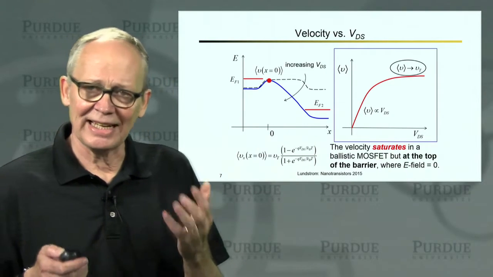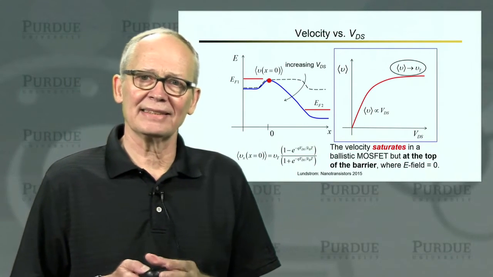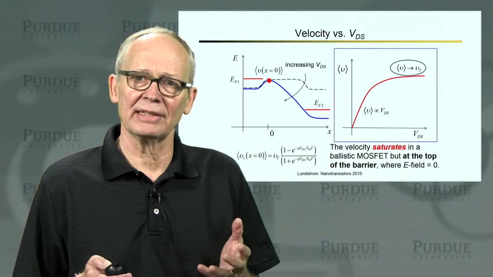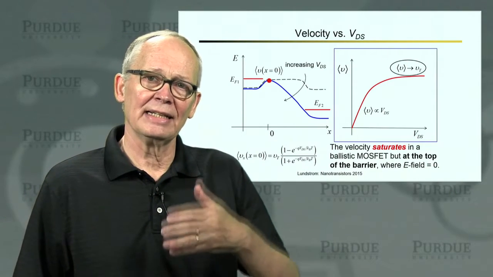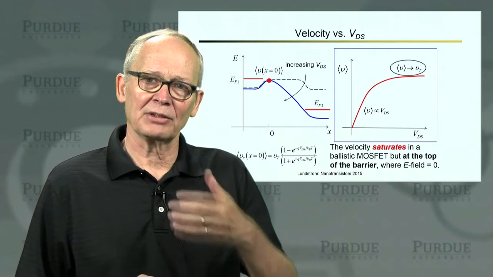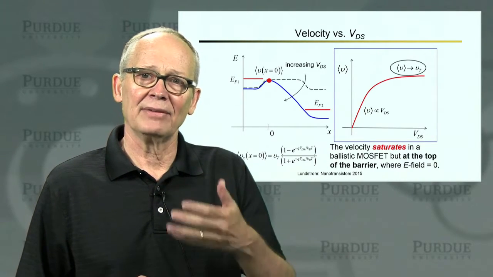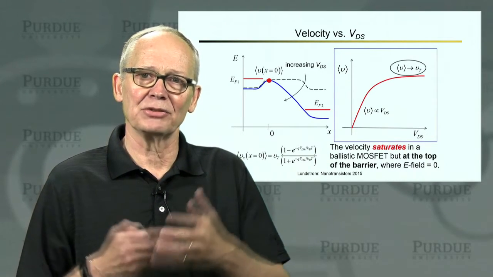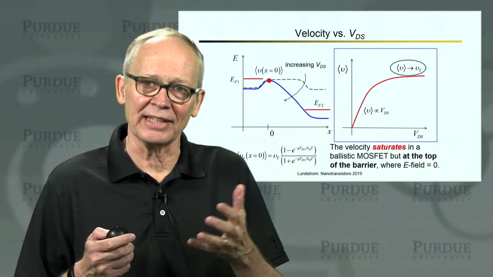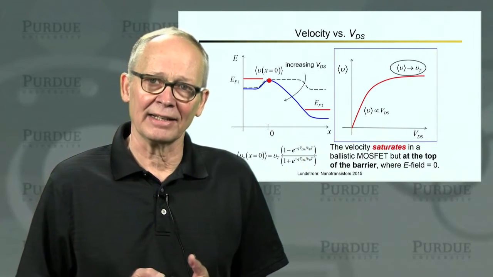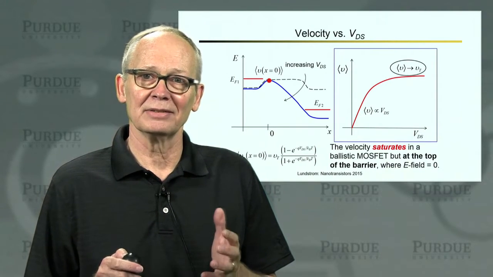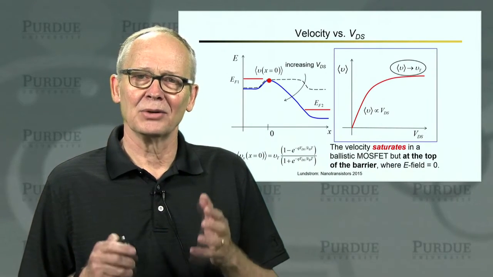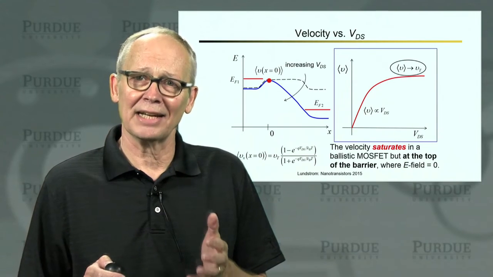In the sort of textbook derivation of the velocity saturation characteristics of transistors, we think of velocity saturation as occurring near the drain, where the electric field is high, and we have high field velocity saturation due to the scattering of the energetic carriers in that high electric field. But we are assuming a ballistic MOSFET with no scattering. So it's curious that the velocity saturates.